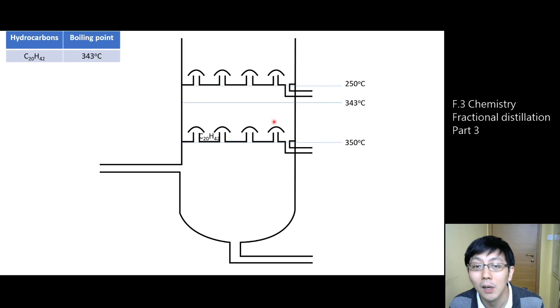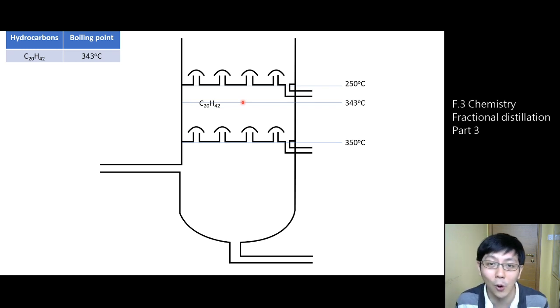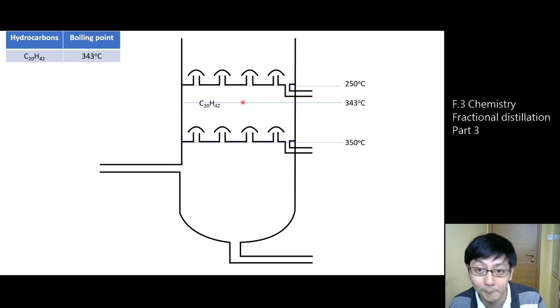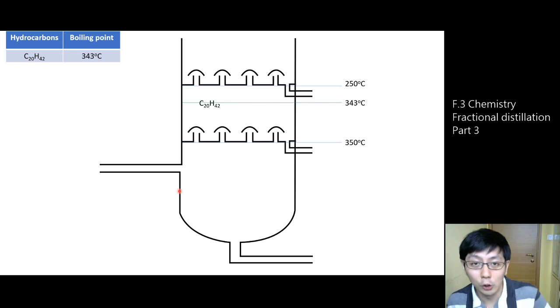However, when it goes up, eventually it will reach one position where the temperature is the same as the boiling point or condensation point of this hydrocarbon. Now we see, as I mentioned, the lower part of the tower, because it's closer to the furnace, is hotter, having a high temperature.